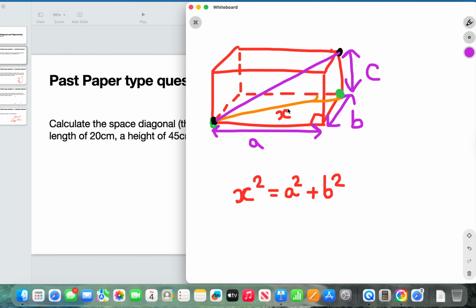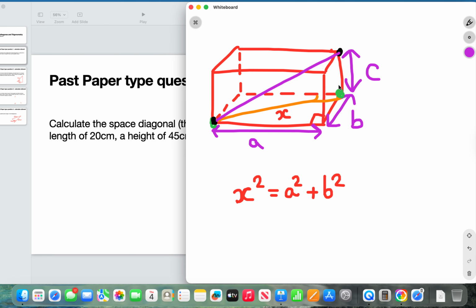I know this one is hard to visualize, but we then have this diagonal going, and this one is the space diagonal because it goes from here to here. These are the two, or a pair of furthest away corners.